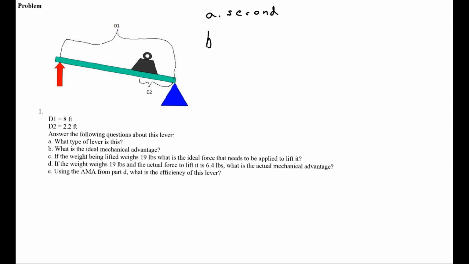Alright, so B, what is the ideal mechanical advantage of this lever? So we're going to say IMA equals effort distance over resistance distance.